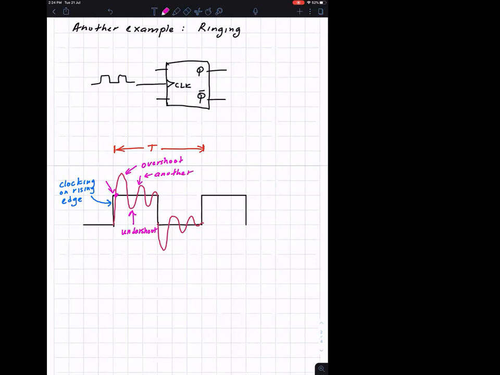This ringing creates another rising edge. So you're going to end up clocking twice in one period. But you guys get the point?